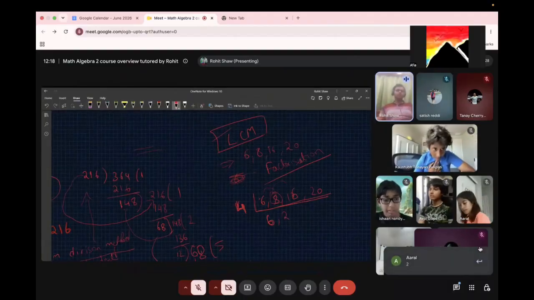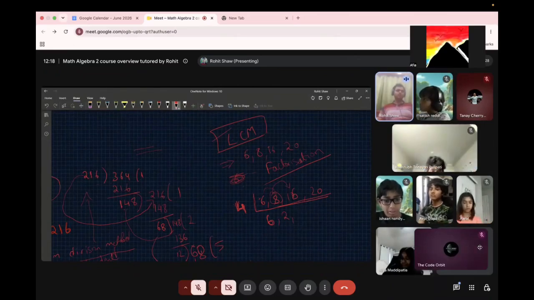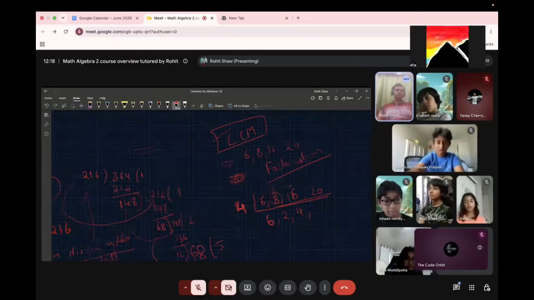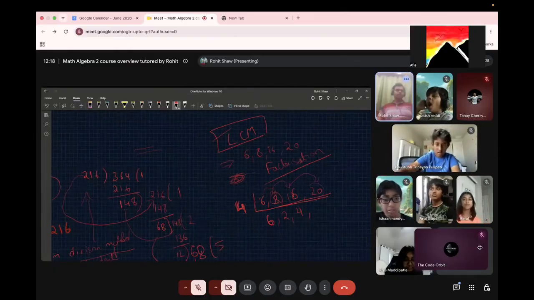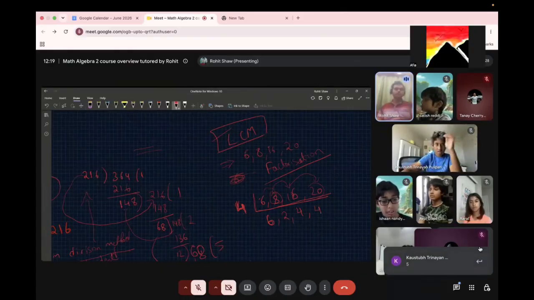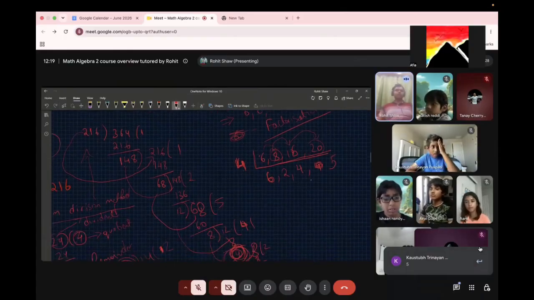For 16, is 16 divided by 4? Yes, 4 4s are 16. Is 20 divided by 4? Yes, 5 4s are 20. So 5. I'll just write it down here.